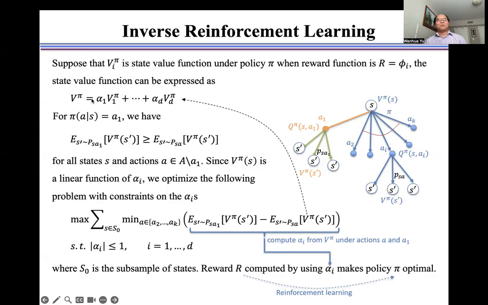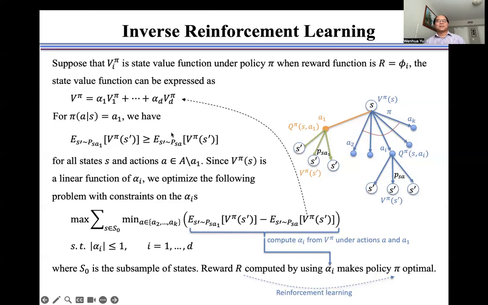And then we have already combined the reward R and the state value function V. So for the optimal action A1, according to the definition of the optimal policy, we have this relation, because here we have an agent at the state S. For the optimal action A1, we calculate the expectation of the state value function over all the next states. This is larger than for any other action, where we also calculate the expectation of the state value function over all the next states.